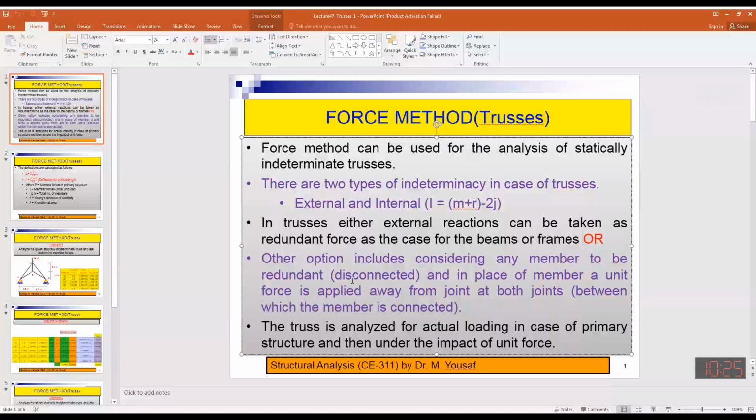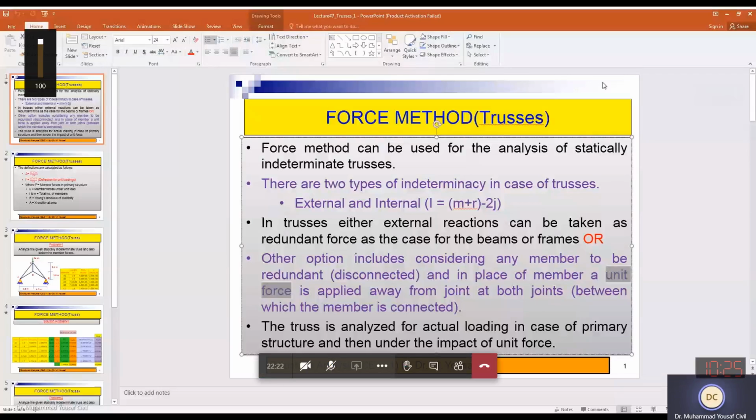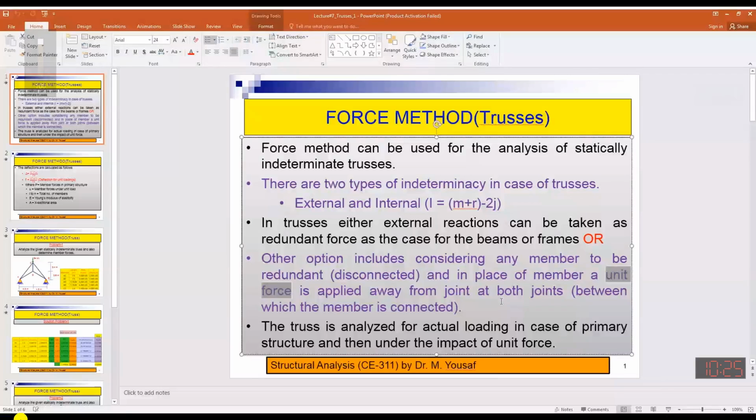Okay. And in place of the member, a unit force, and for having the effect of the unit force, to get the flexibility expression for the flexibility matrix, we apply the unit force at the joints, away from the joint at both joints between which the member is connected.